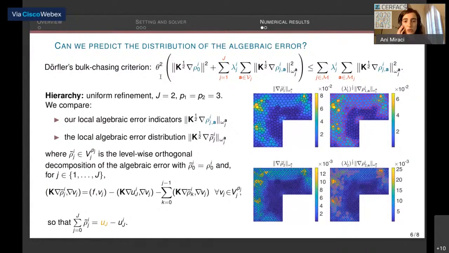Theta is a user-prescribed parameter, and in this experiment, we also have the exact algebraic error, so we can compare them side by side, and we see that our estimator is actually quite accurate in predicting where the error is going to be.